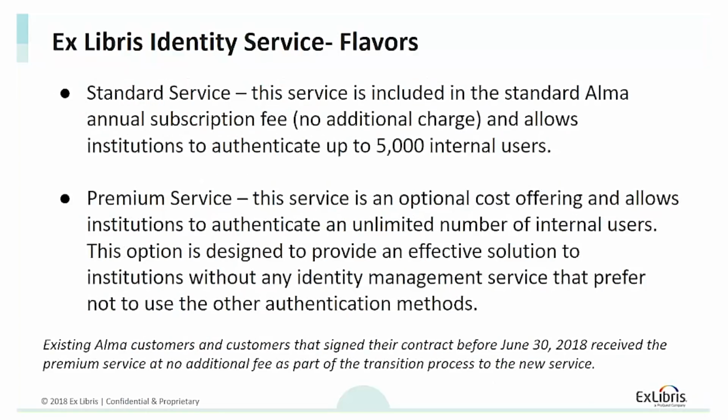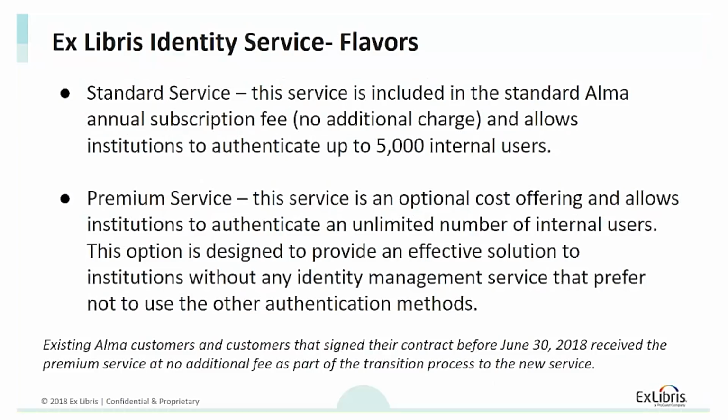Okay, so there are two flavors or levels of the identity service. The standard service is included in the regular Alma subscription fee. There's no additional charge, and that allows an institution to authenticate up to 5,000 internal users. Now we did some research, and we understand that the standard service covers the overwhelming majority of customers.